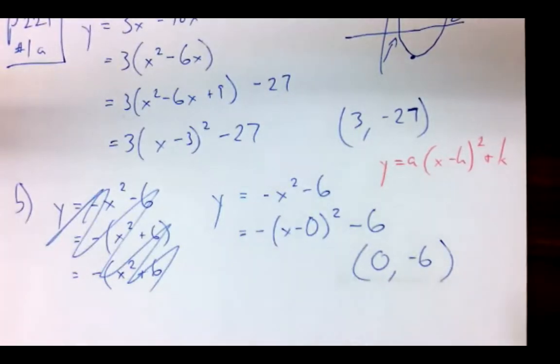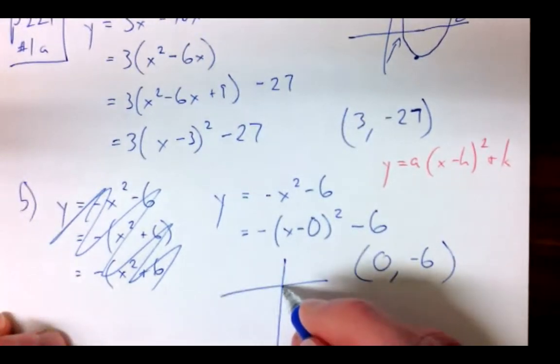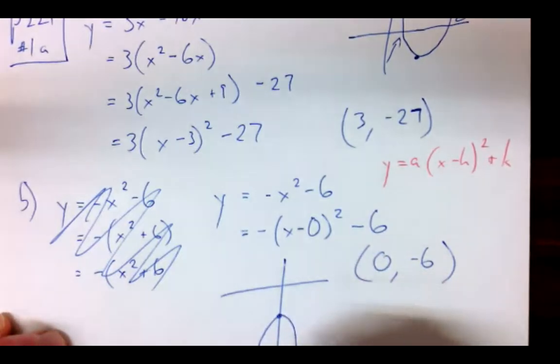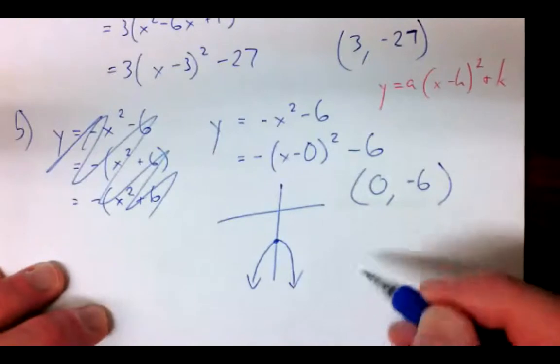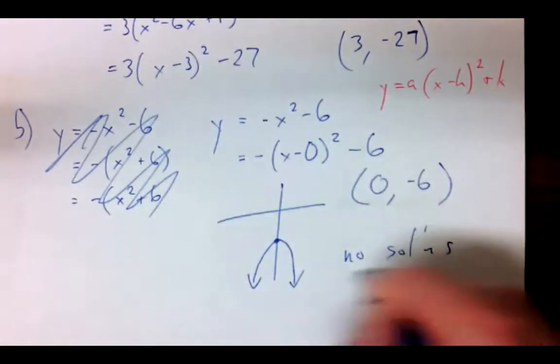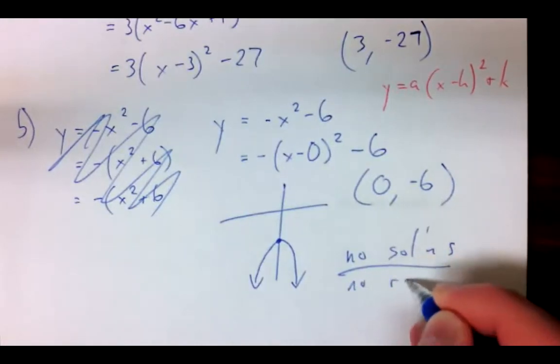I was going too fast again. I thought there was a 6x. Our vertex is 0 and negative 6. 0 and negative 6 is right here, and it opens down because it's negative. No solutions, no real roots.